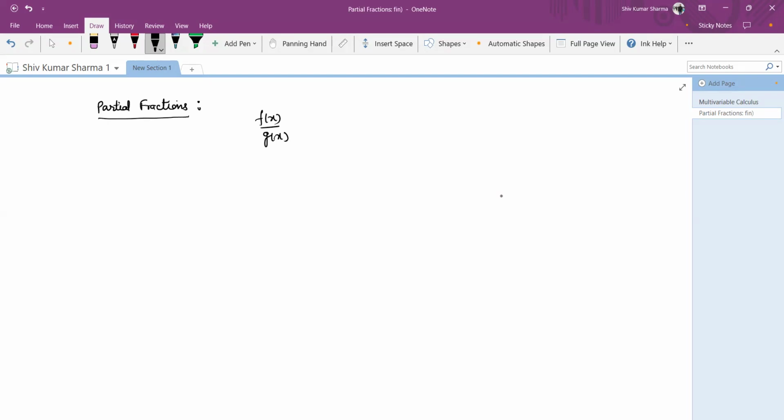And the second thing we have to remember is that the degree of the numerator must be less than the degree of the denominator.